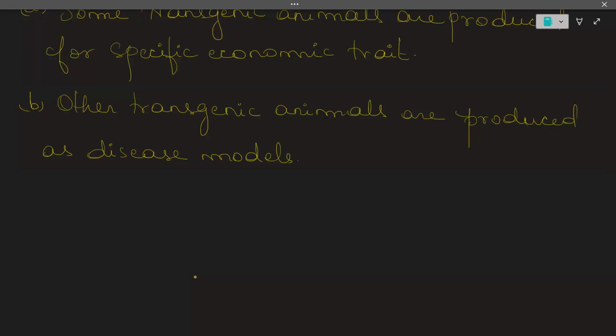Now see, the transgenic animals can benefit us under three major categories, just like how we studied in this chapter: medicine, agriculture, and industry. These are the various ways by which they can benefit us.